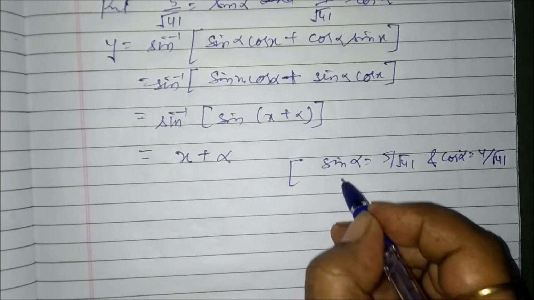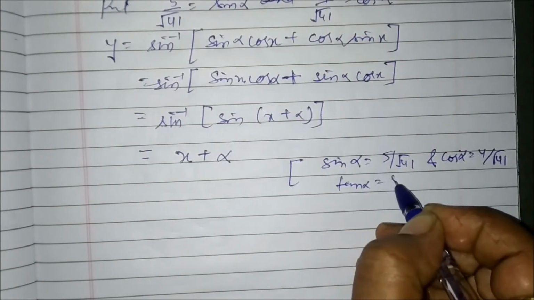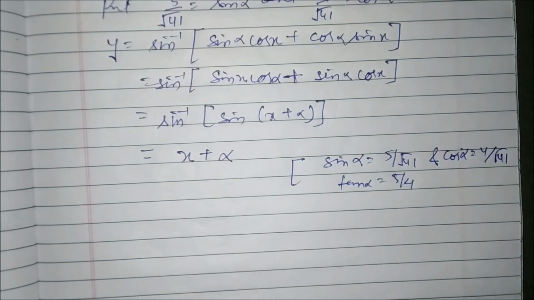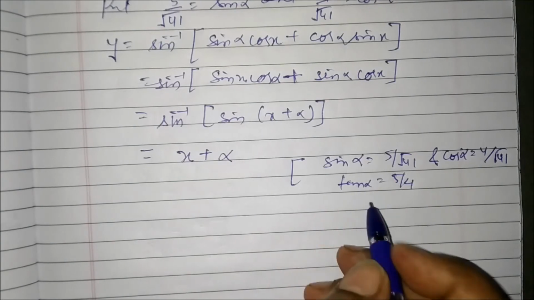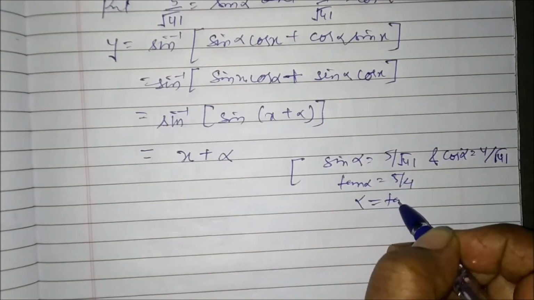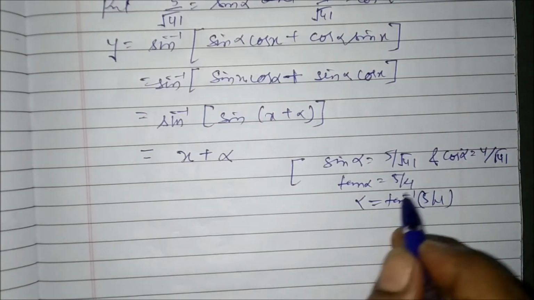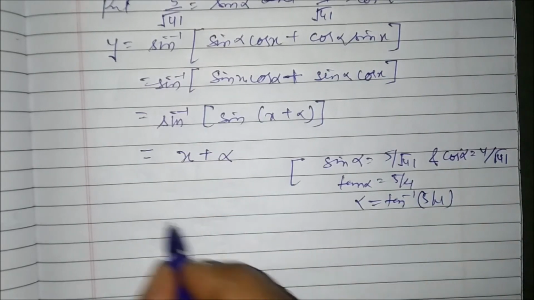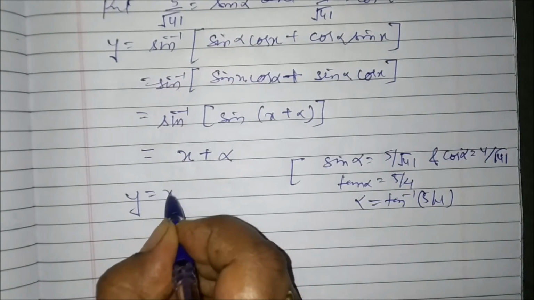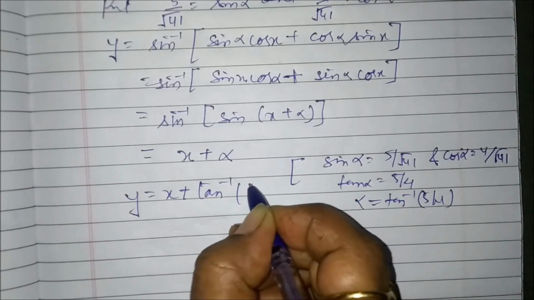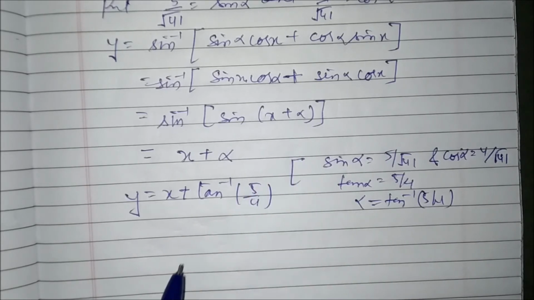Now dividing, we get tan alpha equals 5 by 4. So alpha equals tan inverse 5 by 4. So replacing this alpha by this value, we get y equals x plus tan inverse 5 by 4.